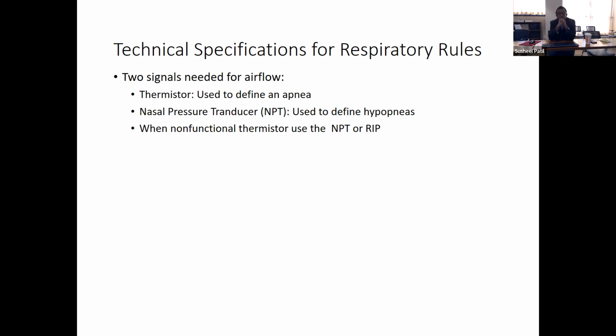Nasal pressure transducers are a closer approximation of pneumatic from a gold standard standpoint. The issue is that the nasal pressure transducer falls down at the extremes of airflow. So when you see apnea on a nasal pressure transducer, there may in fact be airflow, which is why we use the thermistor to define whether apnea is present or not.